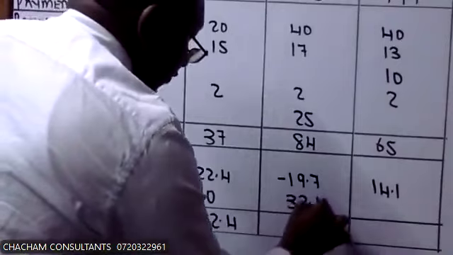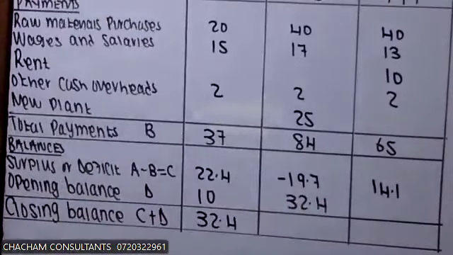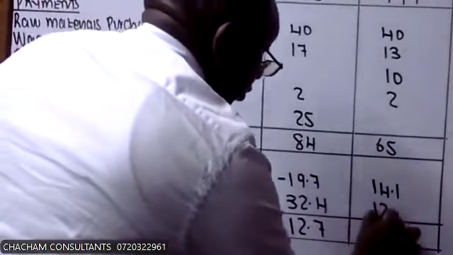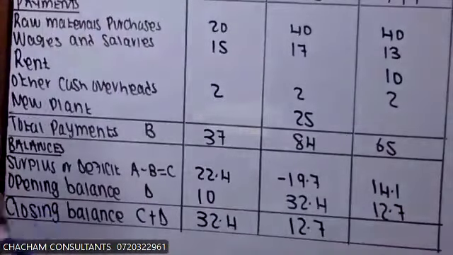Then that 2.4, so you add 12.7. 12.7 plus 14.1.